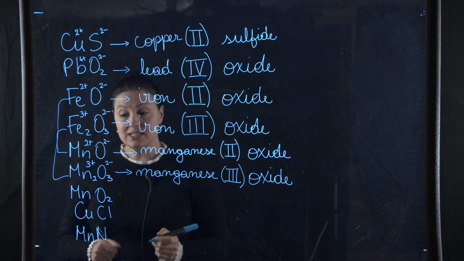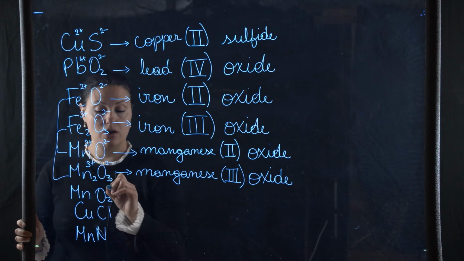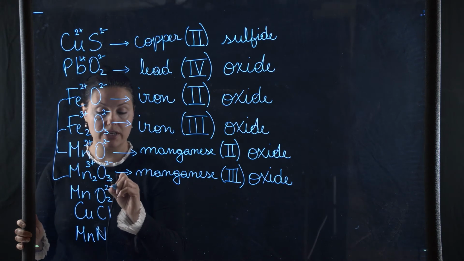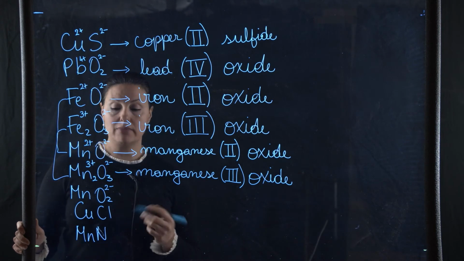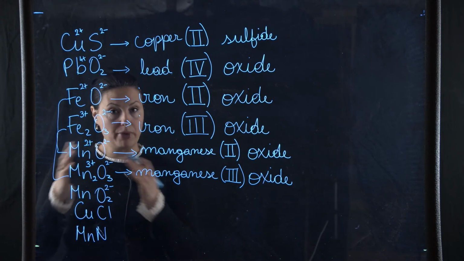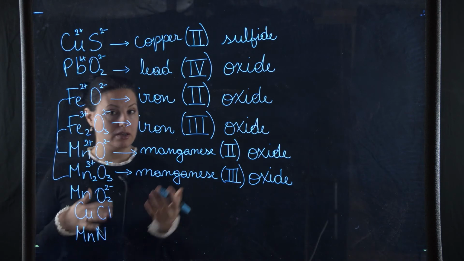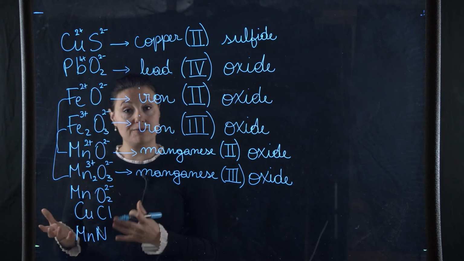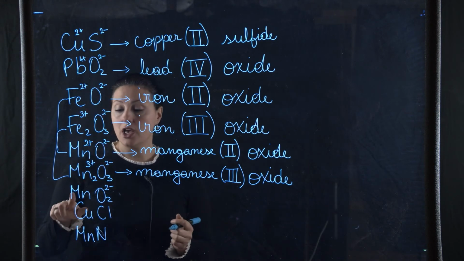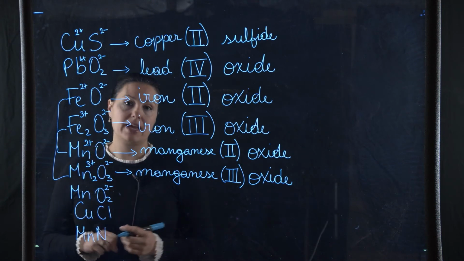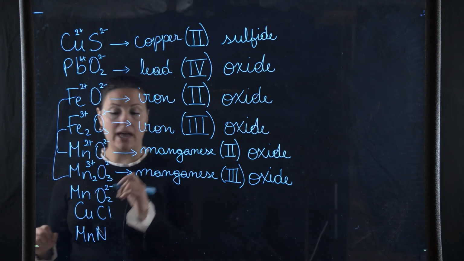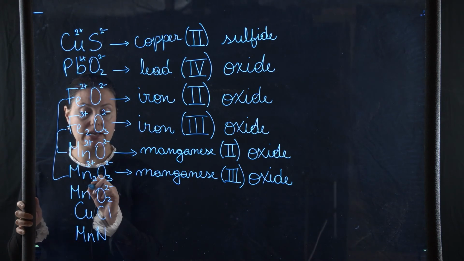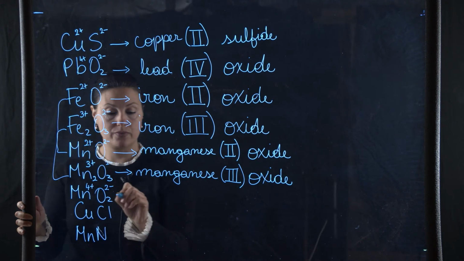Well, let's look at the last one. Once again, oxygen has a 2- charge, which means the total charge here is 4-. But the positive charge has to equal the negative charge, so I have to have 4+ total. I only have 1 atom of manganese, however, so all of that positive charge has to come from the 1 ion of manganese, which means that manganese here has a 4+ charge.